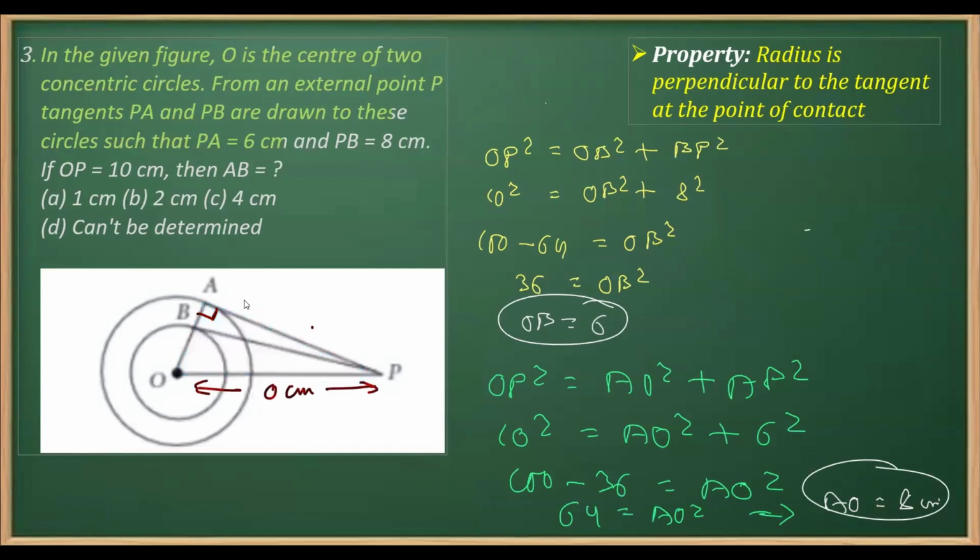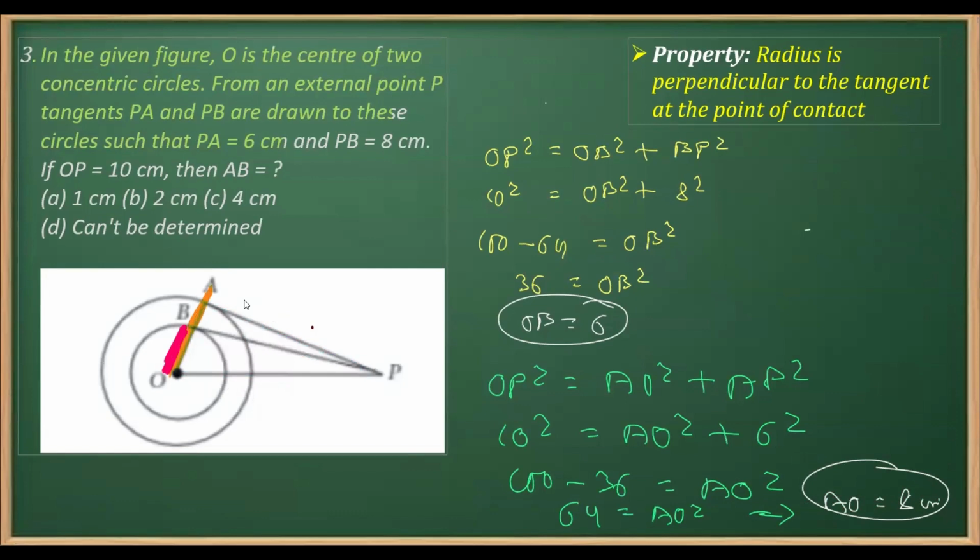Let's see in the figure. We know the length of AO as 8, sorry, and OB as 6. One is 8, another is 6 centimeter.